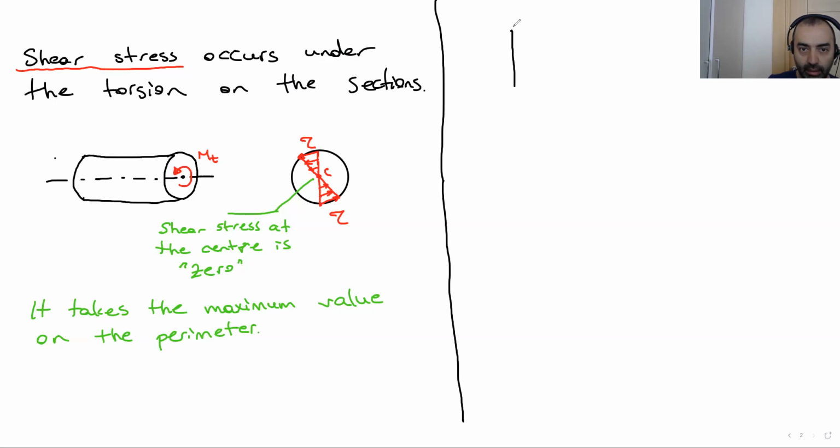Let's say I have a building like this. Okay, this is the plan view. So there is a shear wall core here. Let's say this is the shear wall core concrete, and here we have some columns on the right.